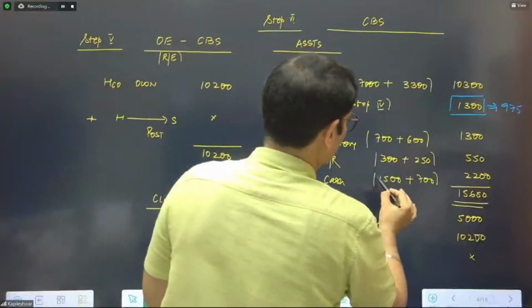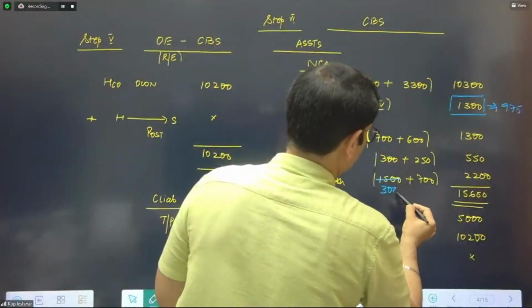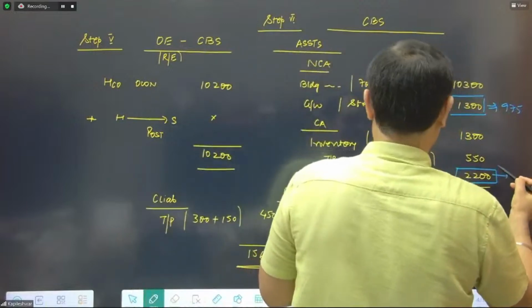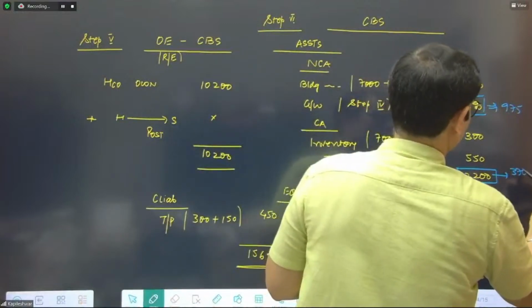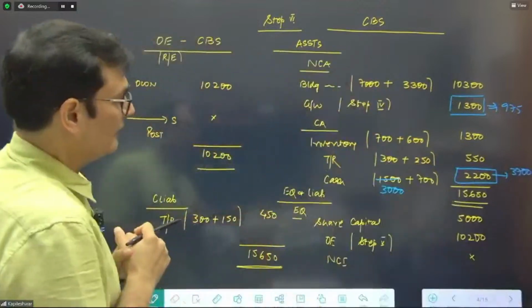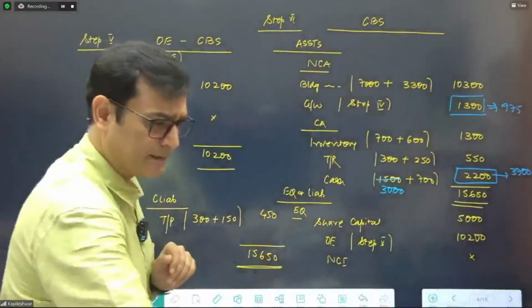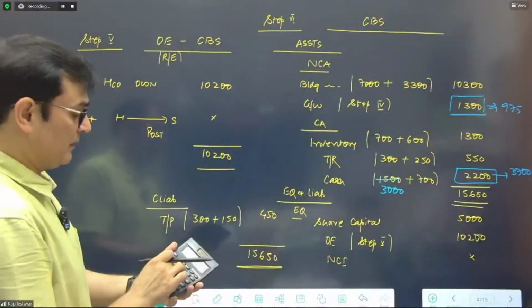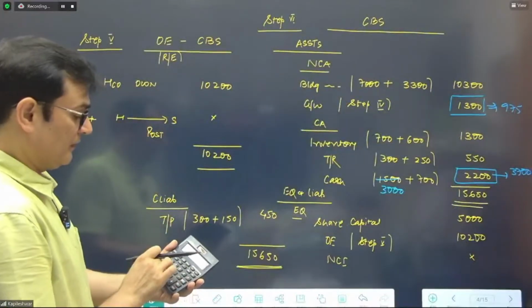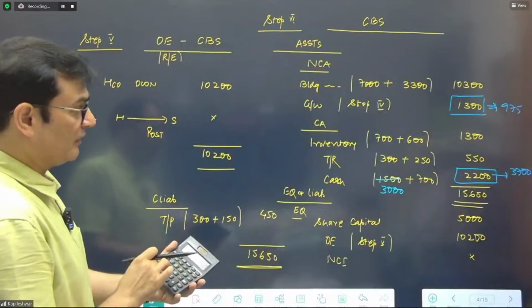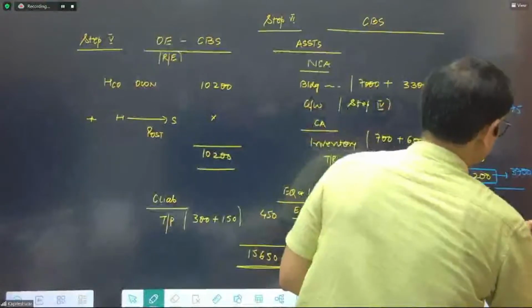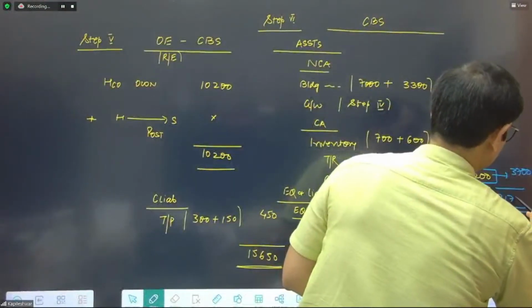And cash, we need to change the figure to 3,000, because the cash position undergoes a change. So this cash is going to become 3,700. That's it on the asset side. So that's 10,300 plus 975 plus 1,300 plus 550 plus 3,700. I think the total of the balance sheet changes to 21,775.